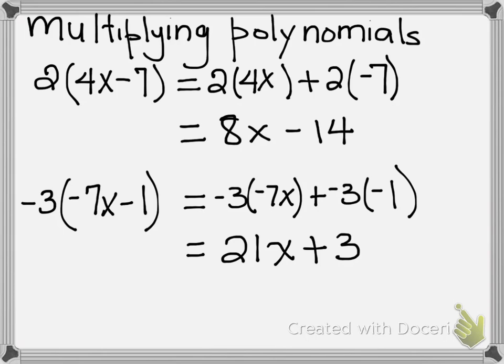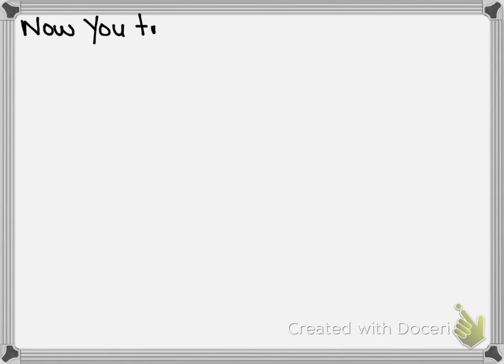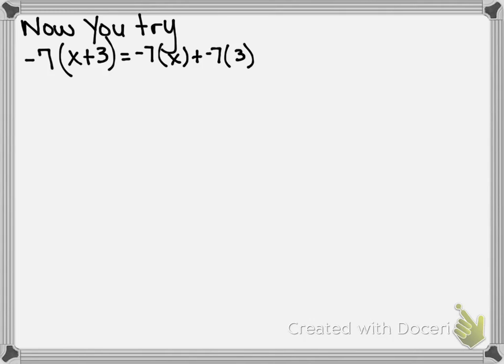And now, I would like you to try this by yourself. It is rather quick. Go ahead. And your answer should have been negative 7 times x plus negative 7 times 3, and you end up with negative 7x minus 21.